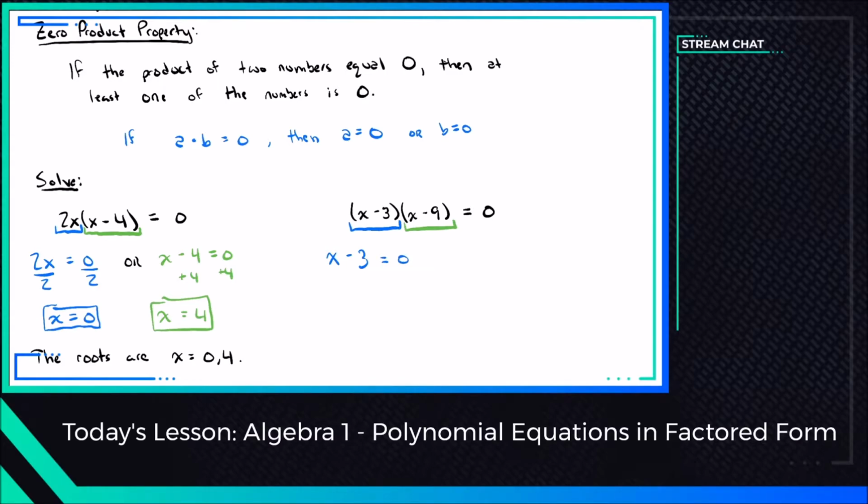Now we can solve both of these: on the left side, adding 3 to both sides gives x is equal to 3, and on the right side, adding 9 to both sides gives x is equal to 9.